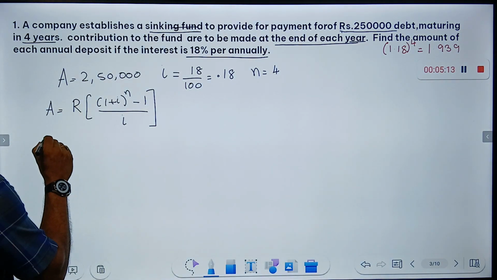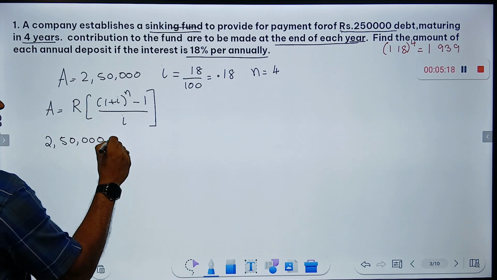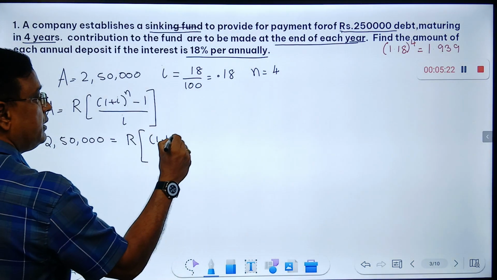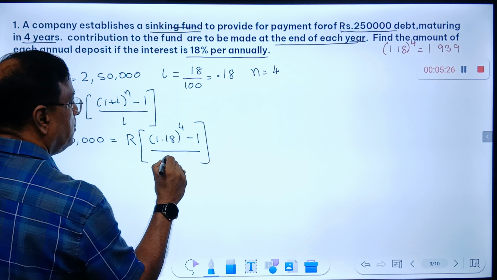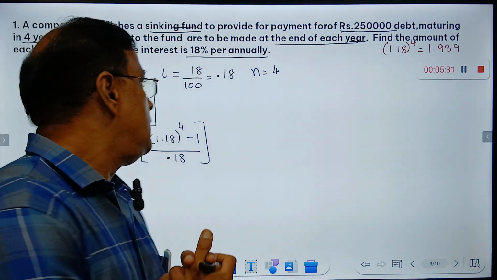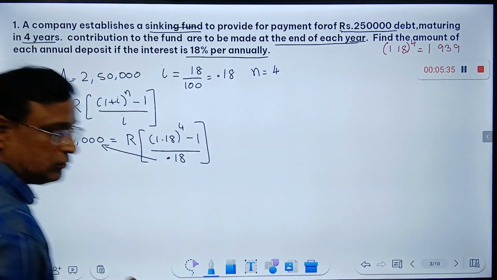So what is the amount? 2,50,000 equals R into (1.18 power 4 minus 1) by 0.18. Super. Now cross multiply. Just to save time, I have already done the calculation.